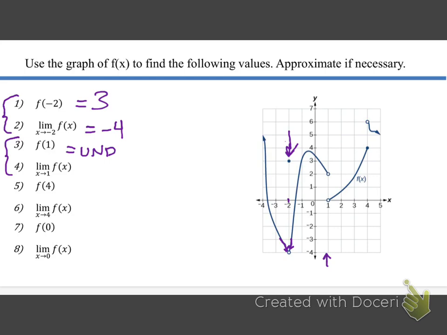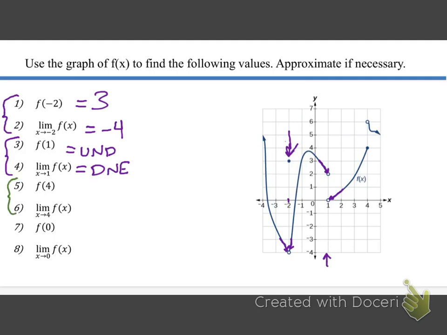And question number 4 says, what does it seem like should be there as we approach x equals 1? From this side, it looks like it's pointing at a y value of 2. As we approach x equals 1 from that side, it looks like 0. So because one side is 2 and the other side is 0, this limit does not exist. Two different values.